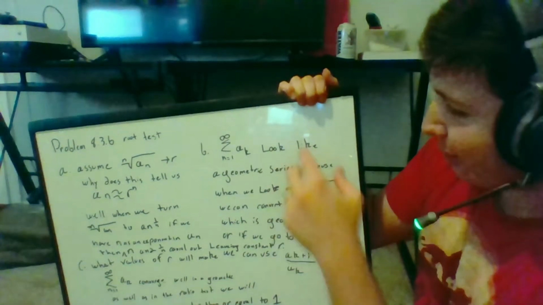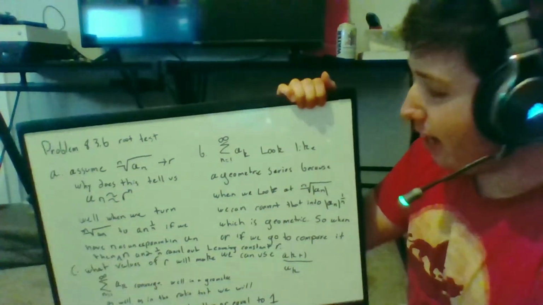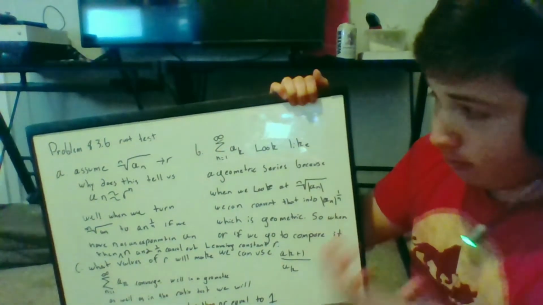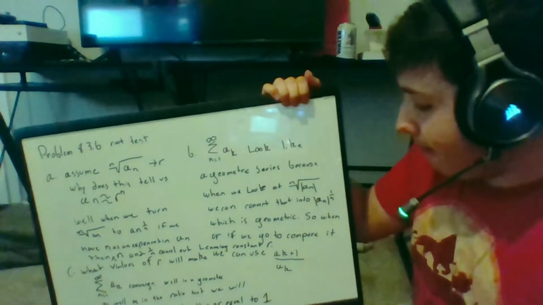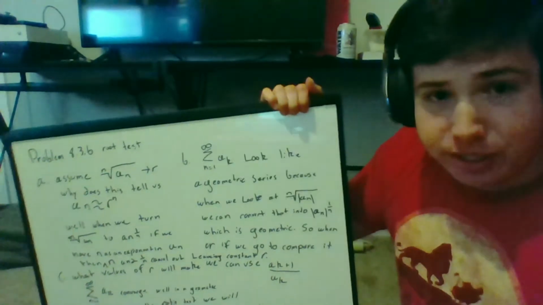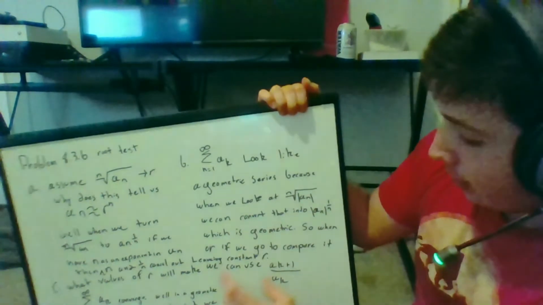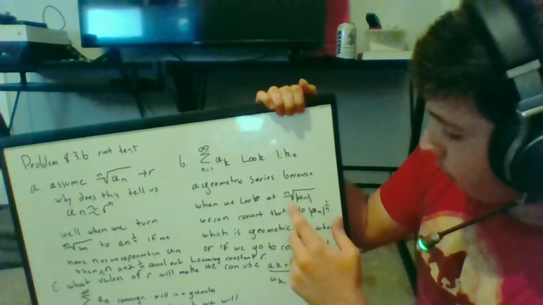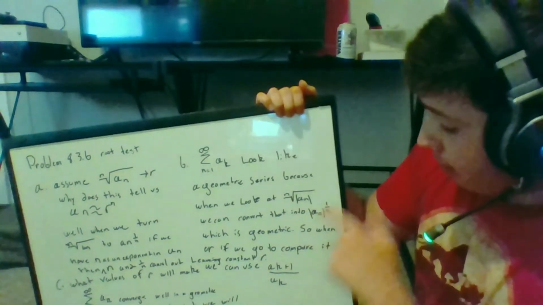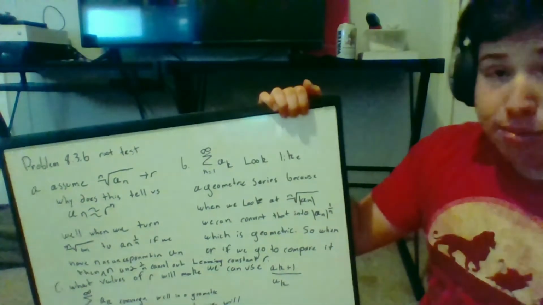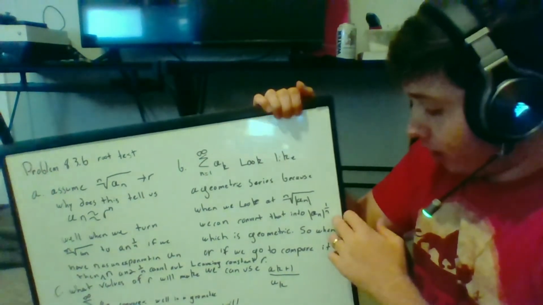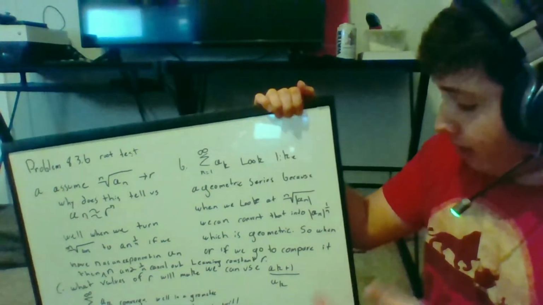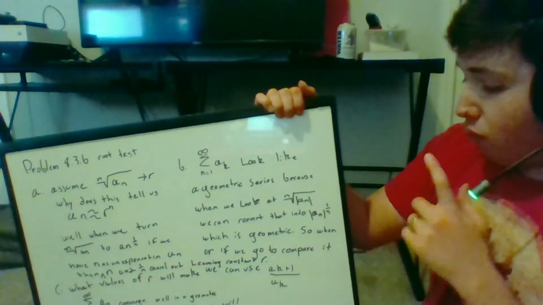So in part B, we're asked to look at why a sub k, or a sub n pretty much, looks like a geometric series. And so it looks like a geometric series when you take the nth power of the absolute value of a sub n, and you turn it into the absolute value of a sub n to the 1 over n.